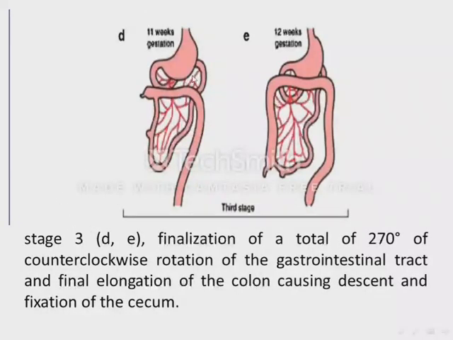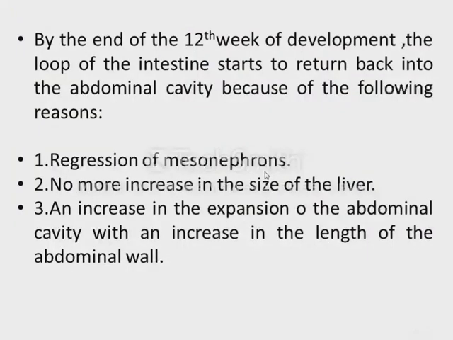Stage 3, here, is finalization of the total 270-degree counterclockwise rotation of the GIT with final elongation of the colon, causing descent of the cecum and fixation into the right iliac fossa. By the end of the 12th week of development, the loop of intestine starts to return back to the abdominal cavity due to the following reasons.